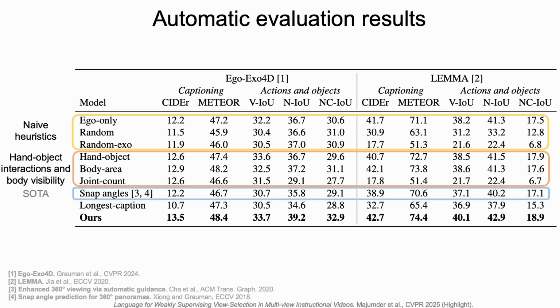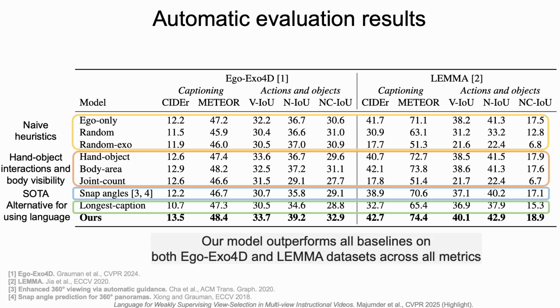The next baseline is a state-of-the-art view selection model. The final baseline is an alternative but naive way of using language. For this baseline, we pick the view that produces the longest caption as the best view. This assumes that the longest caption carries the most amount of information about the activity. Our model outperforms all baselines on both datasets across all metrics, showing the benefits of our language-guided training.